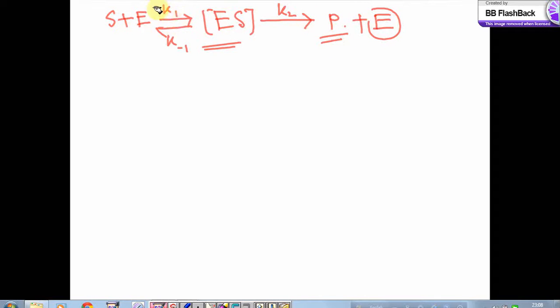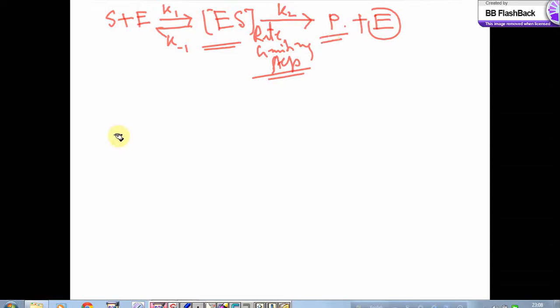So this K1, this reaction kinetics constant, is pretty high compared to this K2. This is the rate limiting step, the slowest step and the main deciding step of the reaction.